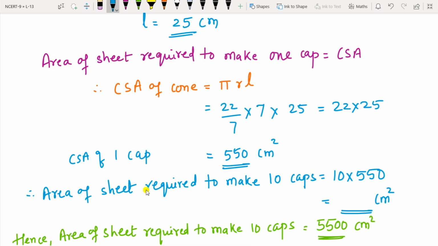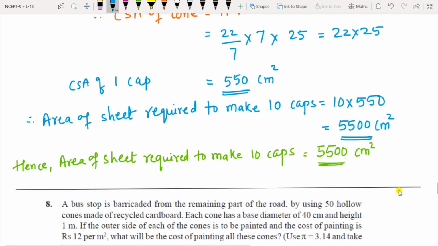So area of sheet required to make 10 such caps will be 10 into 550, so it will be 5500 centimeters square.